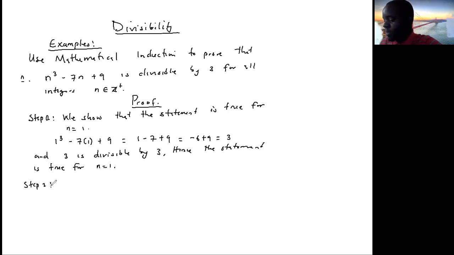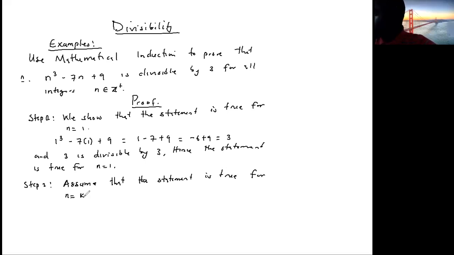Step 2, just make an assumption. So you assume that the statement is true for n is equal to k. That's your assumption.